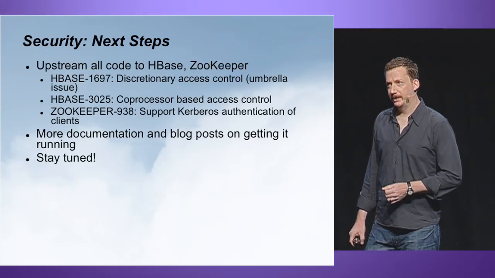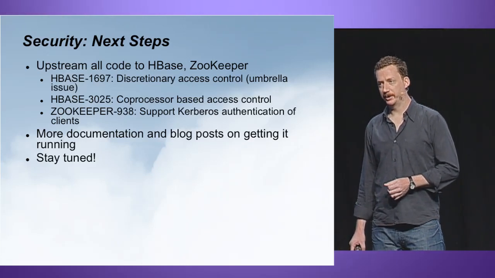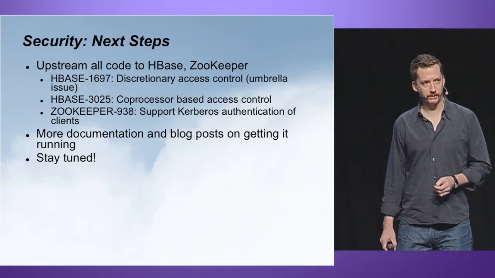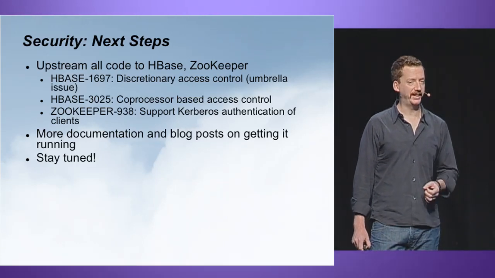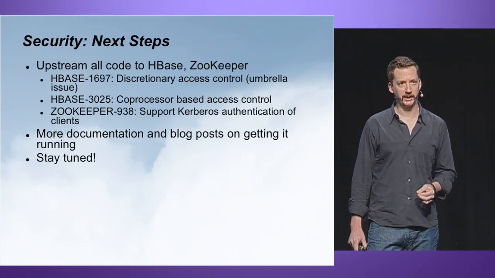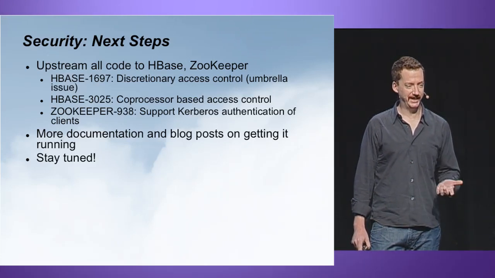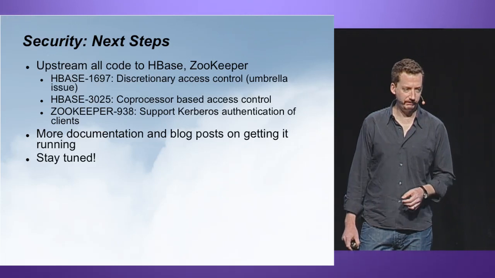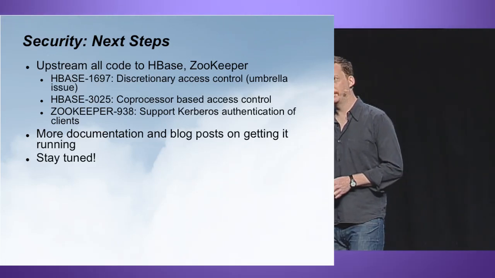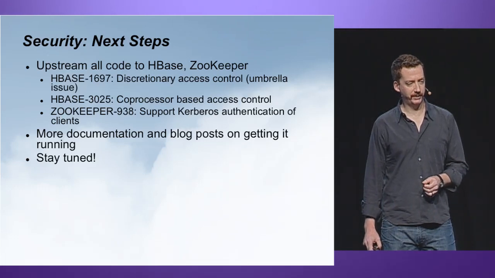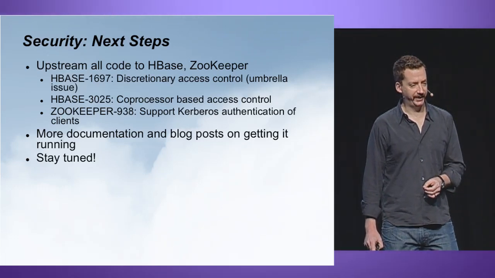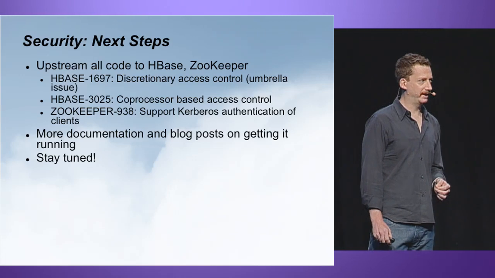So currently we have security deployed and running in production for our internal groups. This allows us to validate the current implementation, verify it really works in real usage. The next steps are to ensure that we get all of the work that we've done upstream to both the HBase and Zookeeper projects.